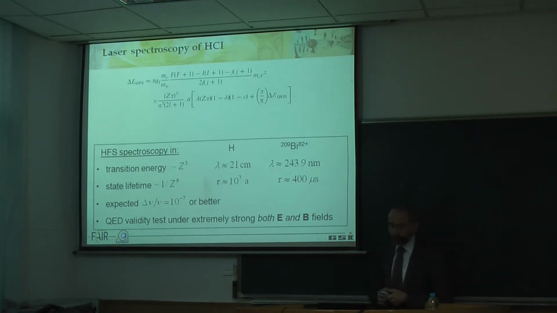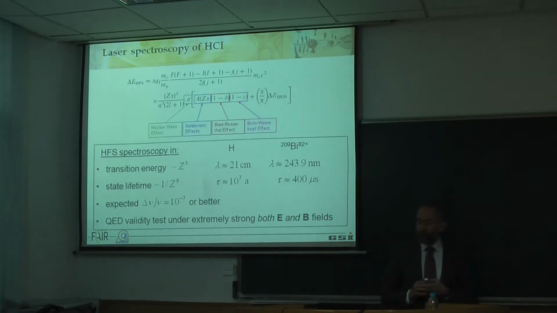So here, that hyperfine transition, there's a formula for the frequency of that transition, and it has various components that come in to tell you what the frequency is, and some of these are corrections to the simple expression, and these are fairly well known, but they're not perfectly known, and that means that the test that we can do is limited because of the interaction between the electron and the nucleus.